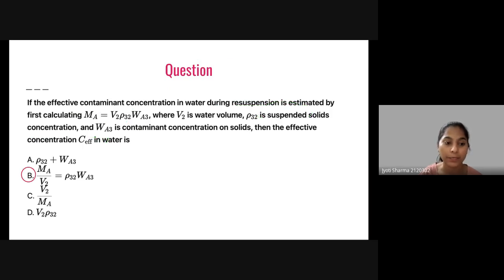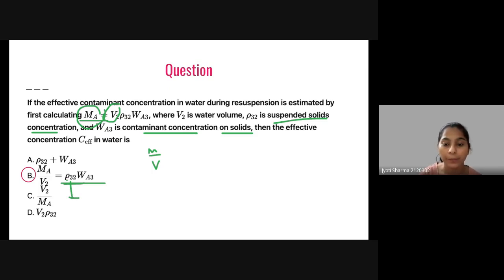Firstly, because it is effective concentration, and concentration is mass by volume, this is MA, that is your total mass of that contaminant A, by volume, so this will go down, and this will be equal to your suspended solid concentration multiplied by the contaminant concentration of the solid, right?